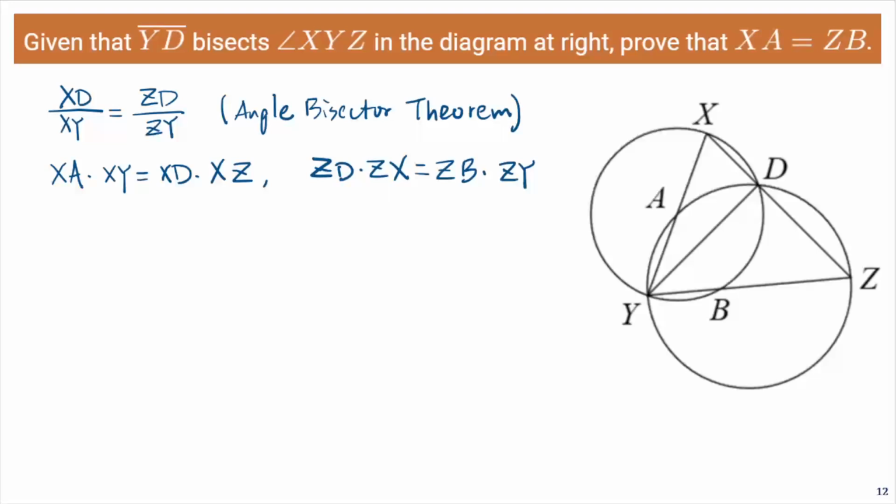Seeing some common terms in these two, along with terms from our angle bisector theorem equation, we know we are on the right track. So we solve these two equations for XA and ZB, and then we have XA equals XD times XZ over XY, and ZB equals ZD times ZX over ZY.